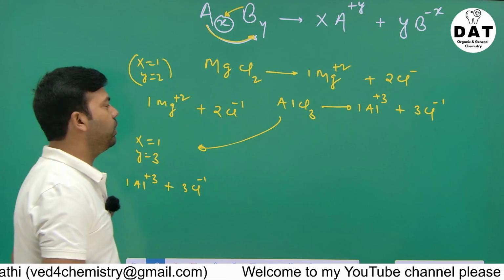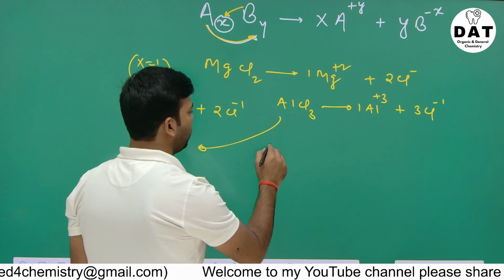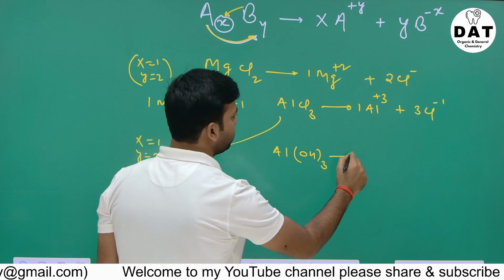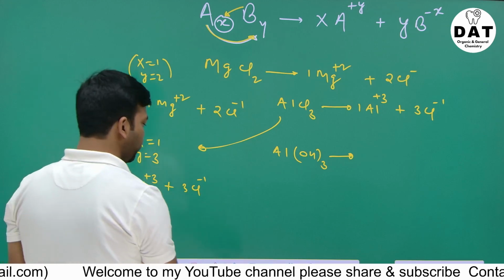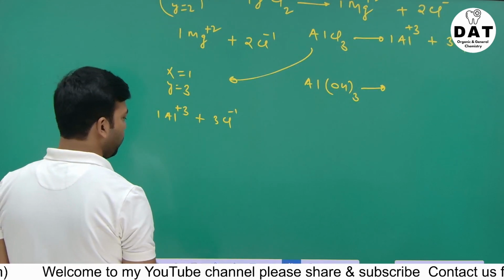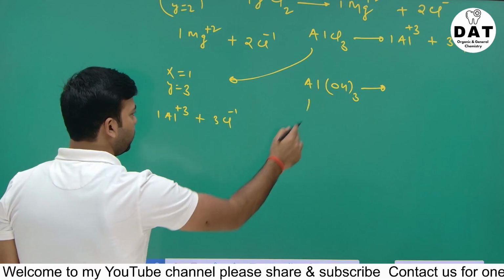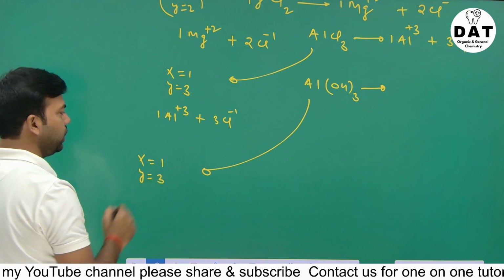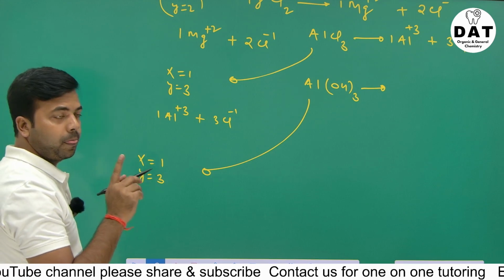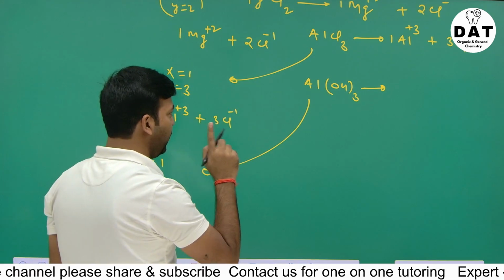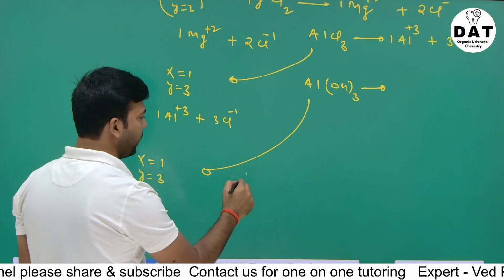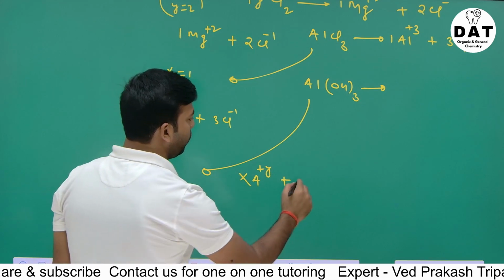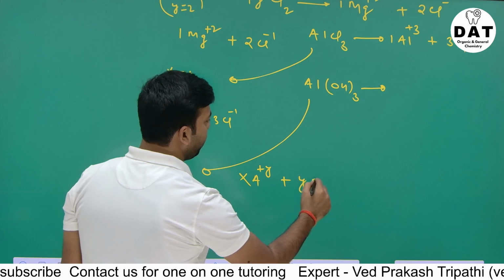Any salt, suppose you have Al(OH) whole thrice like this. So for this specific case, you can see x is my 1 and y is my 3. Clear? And what was the formula? xA^(+y). I said xA^(+y), and here what? yB^(-x), I think.